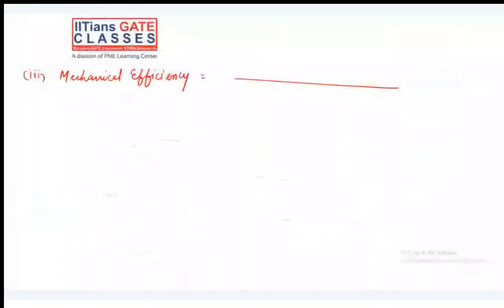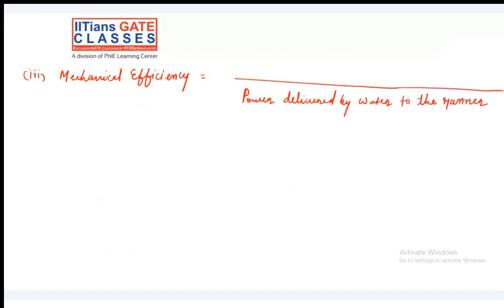Okay. Now, what is hydraulic efficiency? This is the power delivered by water to the runner, and this is the power at the shaft of the turbine.